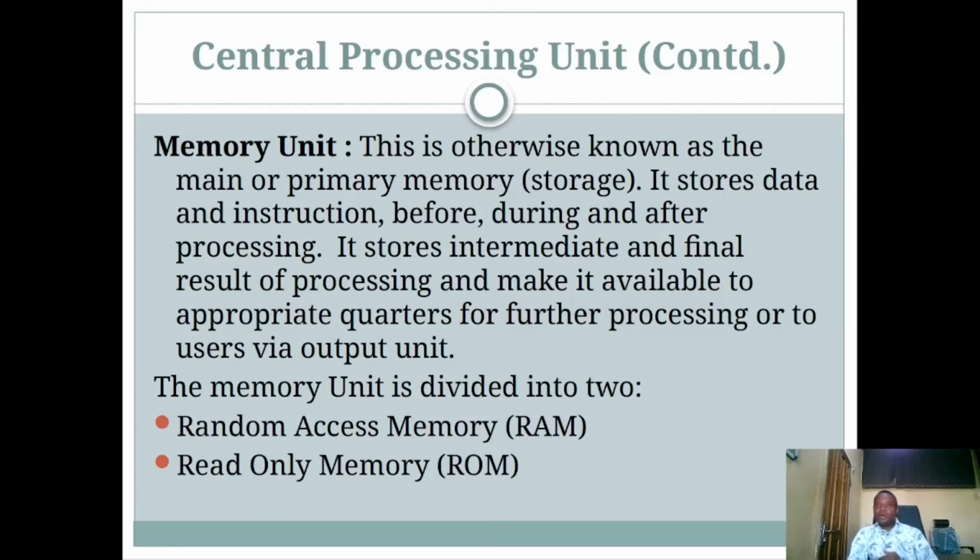Now, when we are talking about random access memory, you are looking at the working memory of the computer system. Random access memory is memory where the computer system temporarily stores data and programs it is currently processing or handling. Okay, that's what we call random access memory.